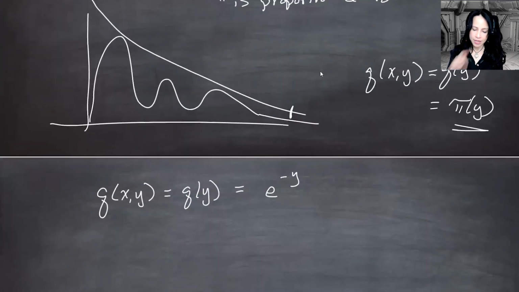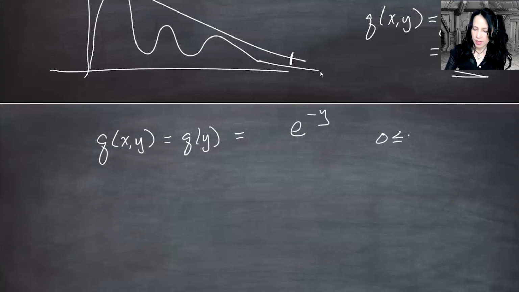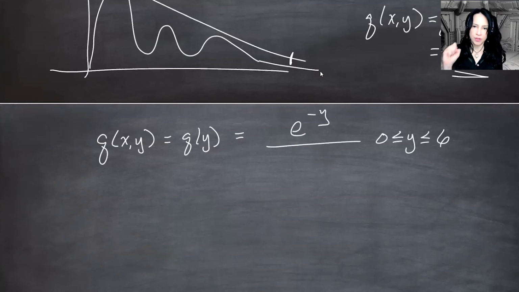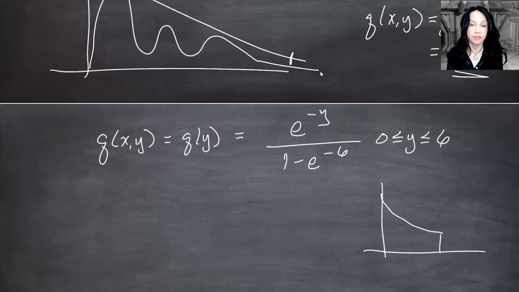So I renormalize this, because if you just limit it to 0 to 6, then it's not going to integrate to 1. So you need to divide by the integral up to 6, right? And that's 1 minus e to the minus 6. That's the exponential CDF evaluated at 6. So what we have now is something that looks exponential but is cut off.